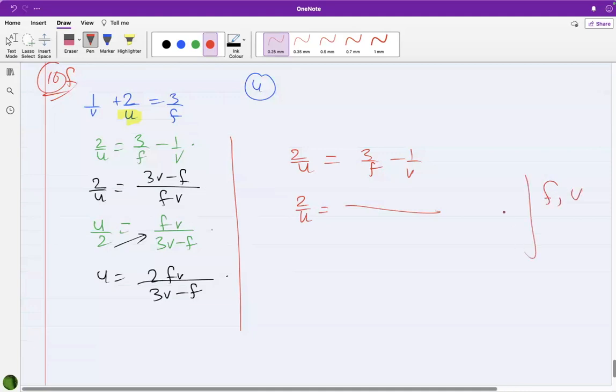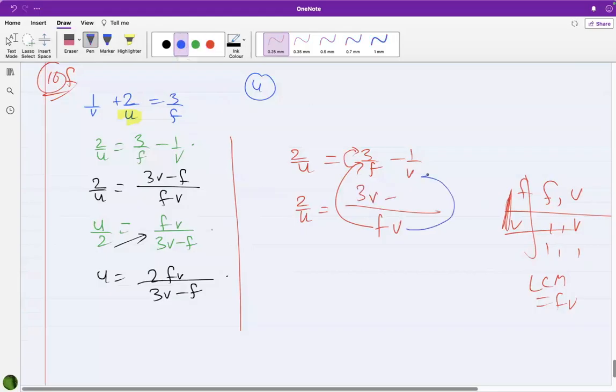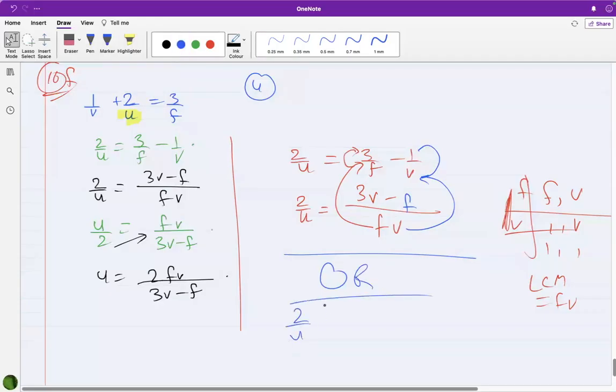One has F, the other has V. I can divide it with F and then with V, and I get F into V as the LCM. So FV comes here. Now FV divided by this, we get rid of F, and V is multiplied in the numerator. On the other side, we divide FV with V, so V cancels out and the remaining is multiplied in the numerator. Or we can just call it 2 over U is equal to 3 by F minus 1 over V.